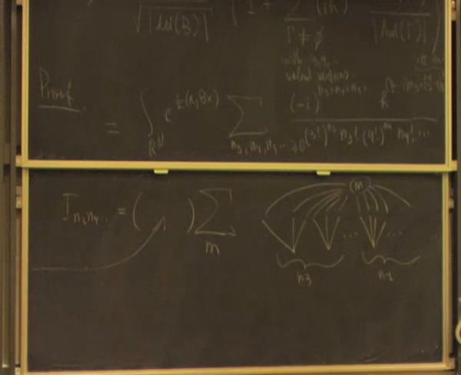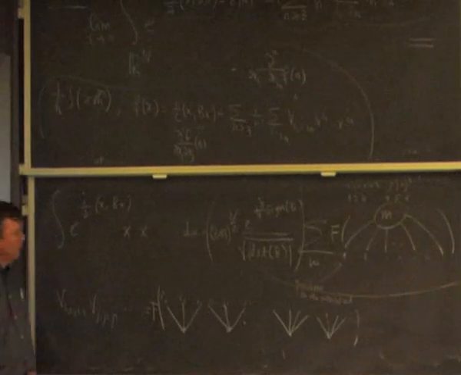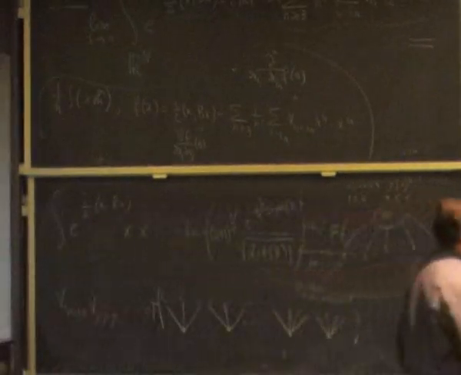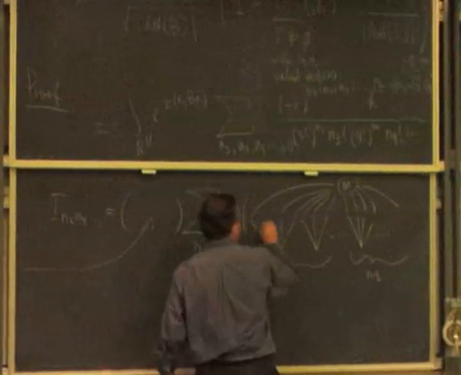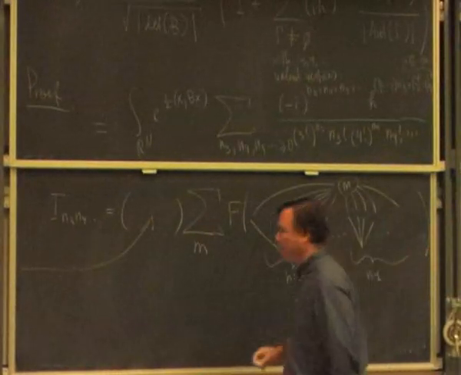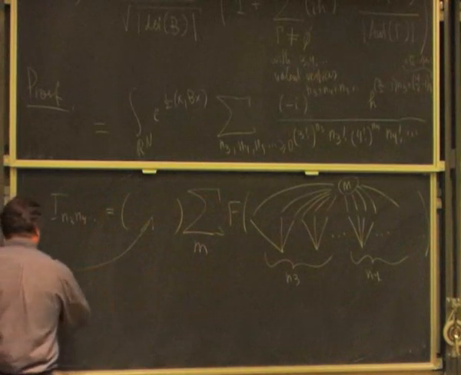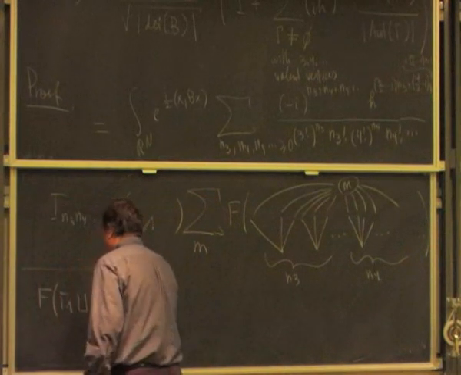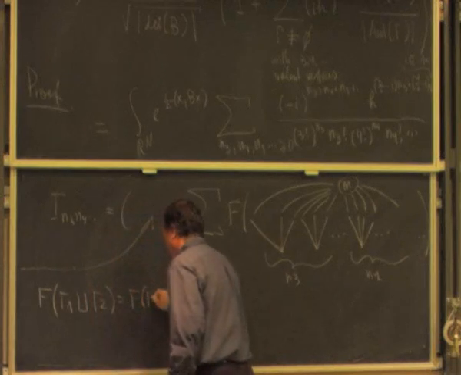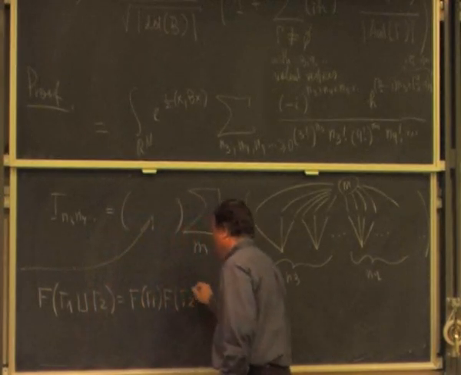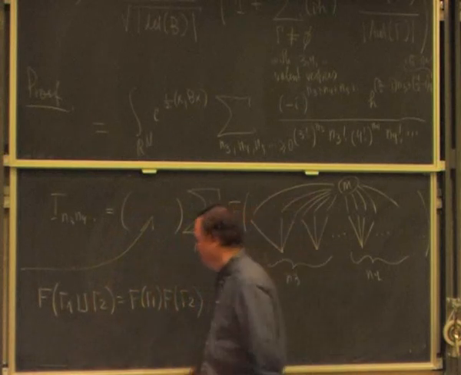And so, to be more precise now, I should put here F, and I should put here F as well. And F is just the weight of the graph. So F of a disjoint union of graphs is equal to F of gamma 1 times F of gamma 2.